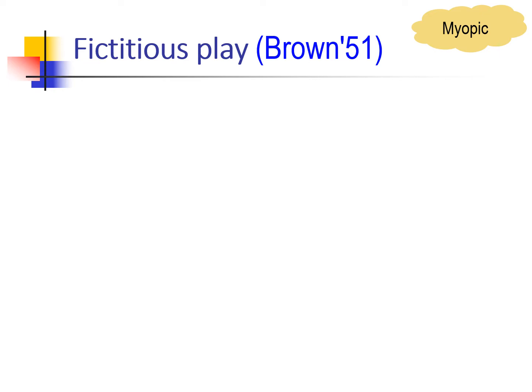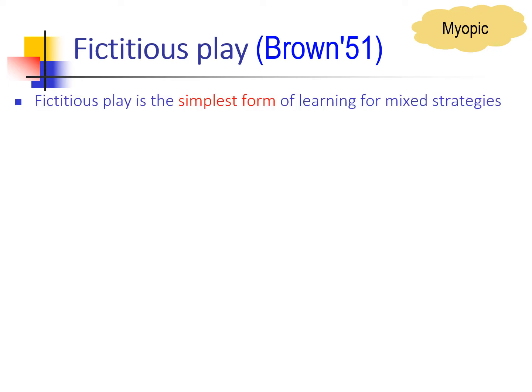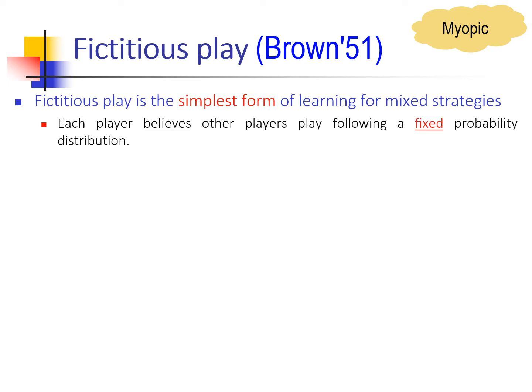A second famous algorithm is called fictitious play, which was proposed back in '51 by Dr. Brown. Fictitious play seeks mixed strategies, and it's one of the simplest algorithms for finding them. Here, every player has a notion of belief, where it believes that the other players play following a fixed probability distribution.